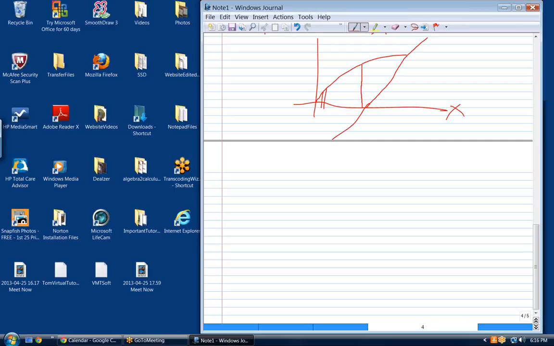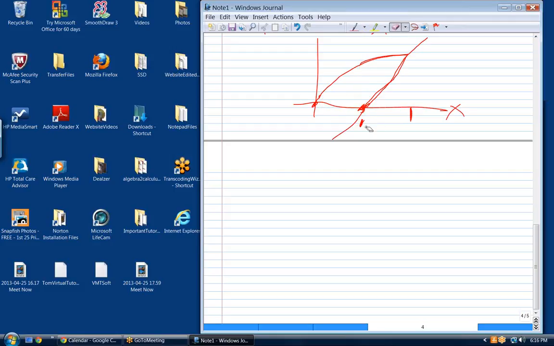One step by taking this top function, finding the area from this point to this point, and then a second step, taking this function minus this function, going from this point to this point. So that's how you would find the area between those two curves.